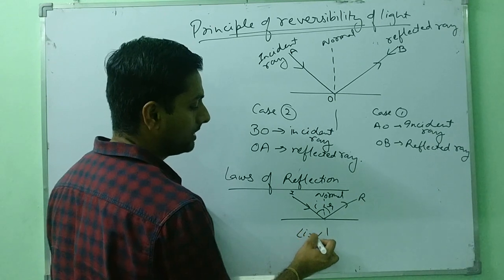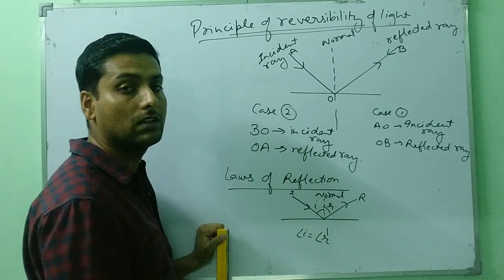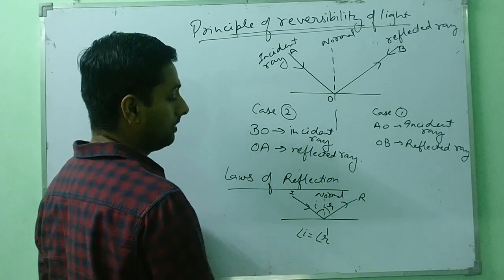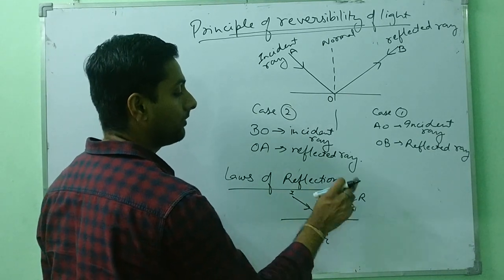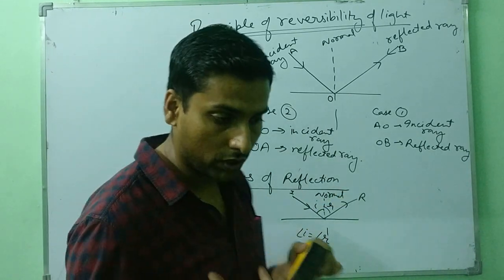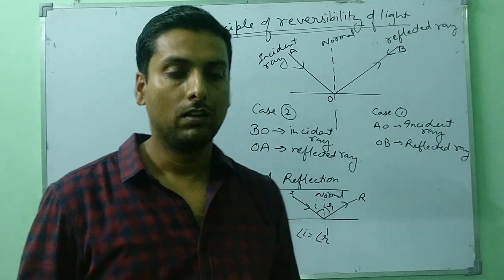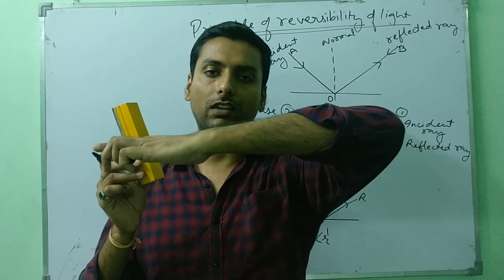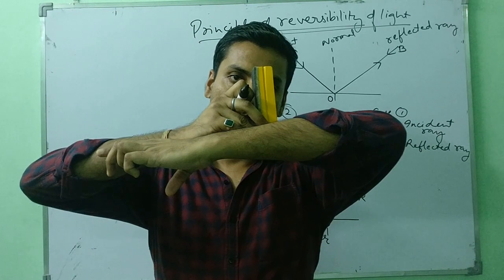The angle of incidence and the angle of reflection are equal, and the incident ray, normal and reflected ray all lie in the same plane. What do you mean by the same plane? Same plane means, let us suppose this is the striking surface. This will be the normal.